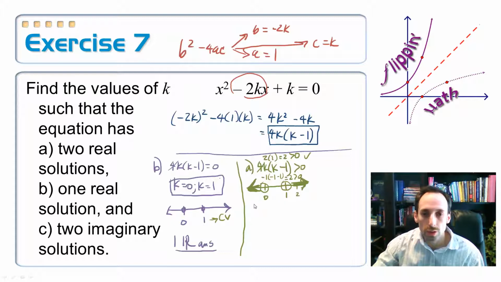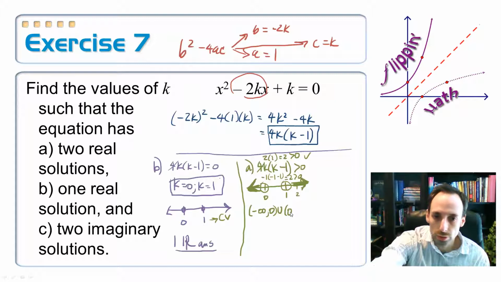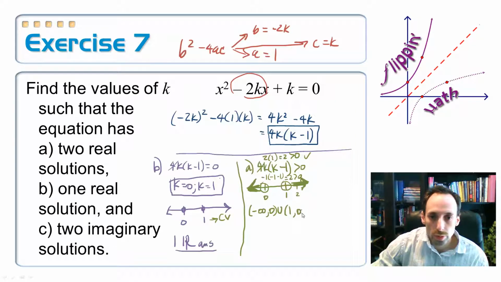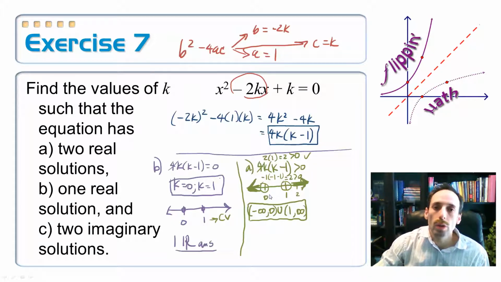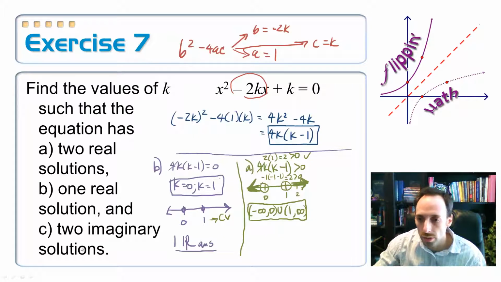So my answer here is the interval from negative infinity up to 0, union 1 all the way up to positive infinity. Holy smokes. Now, if you're uncomfortable with quadratic inequalities, don't worry. In the next unit, we'll talk about those things in quite a bit of detail.